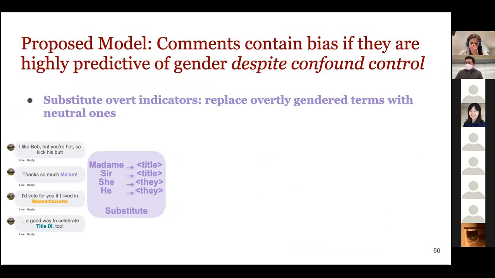So we approach each of these 3 confounding variables separately, and I'm just going to give you a high level overview in the interest of time. The easiest one to control for is overtly gendered terms. We can just substitute these out of the text using word lists.